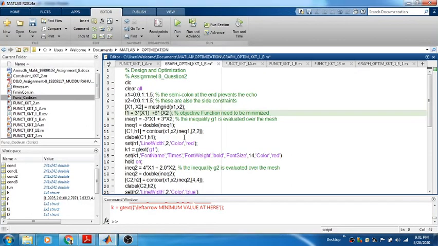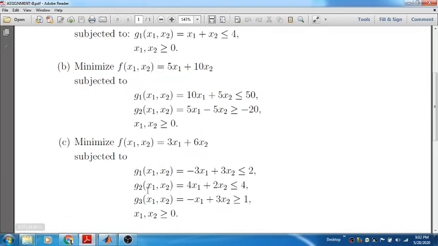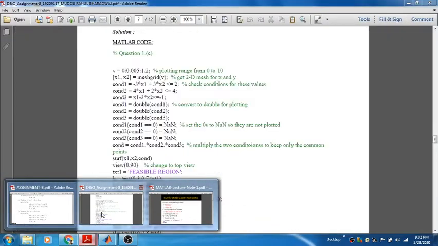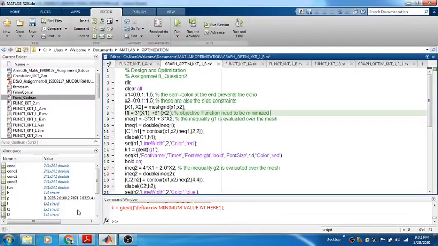I have already defined that inequality in the code. The next is 4x1 plus 2x2, which is less than or equal to 4.